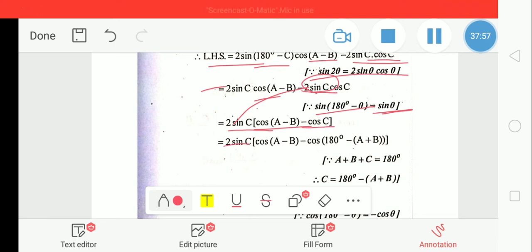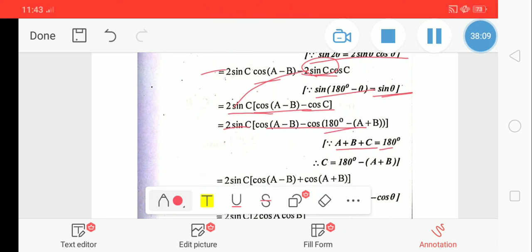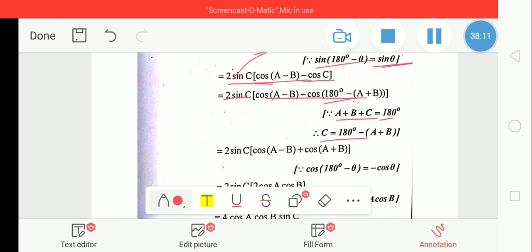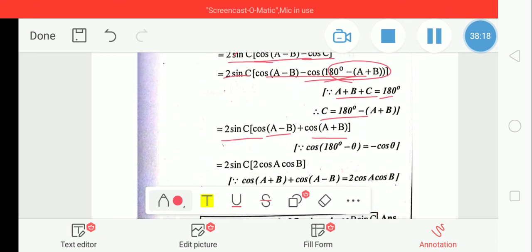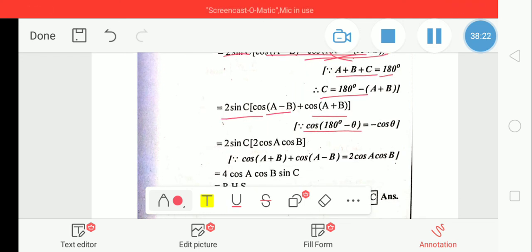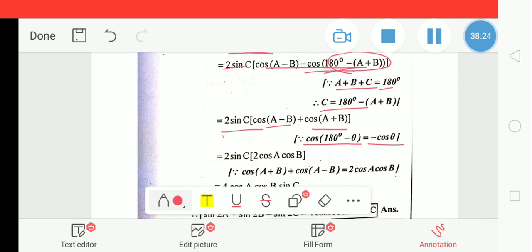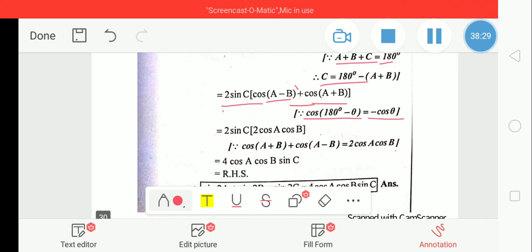Now here for cos C, A plus B plus C is 180, so C is 180 minus (A plus B). Now 2 sin C [cos (A minus B) plus cos (A plus B)], since cos of (180 minus theta) is minus cos theta, so minus minus becomes plus.